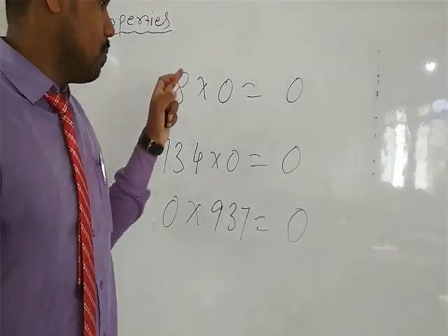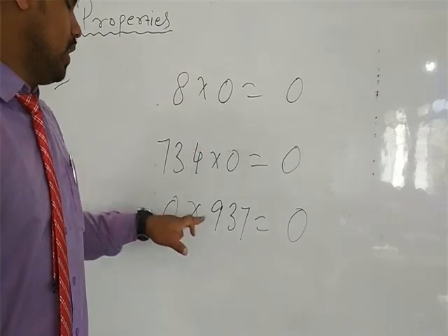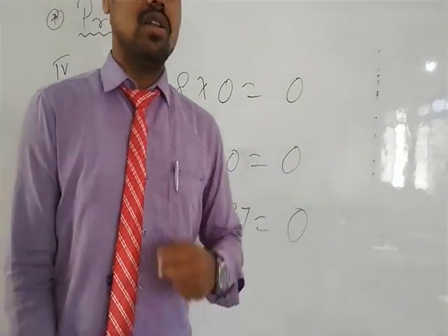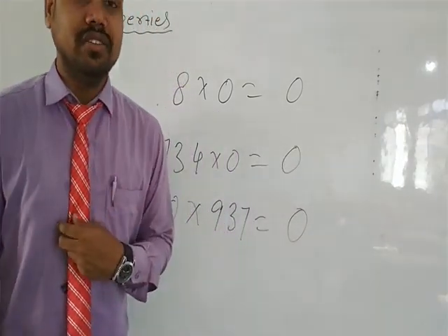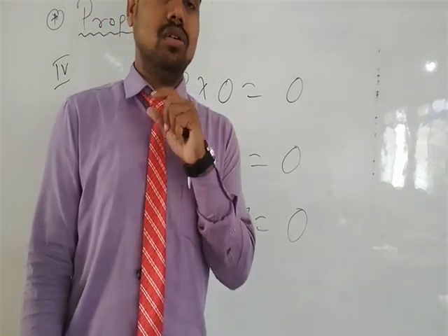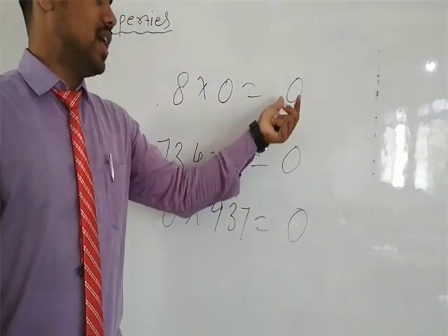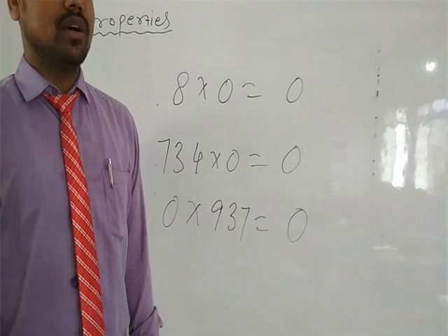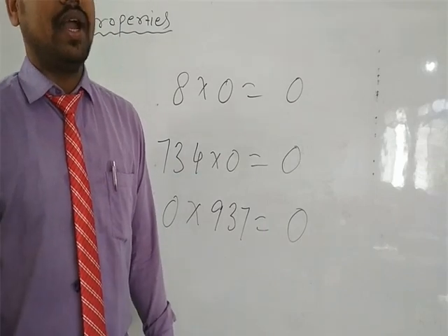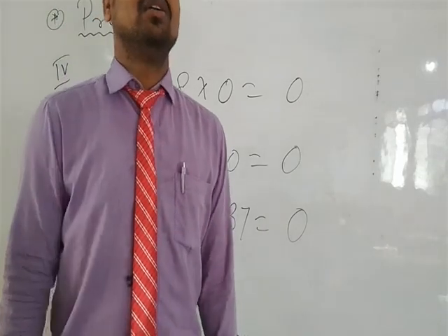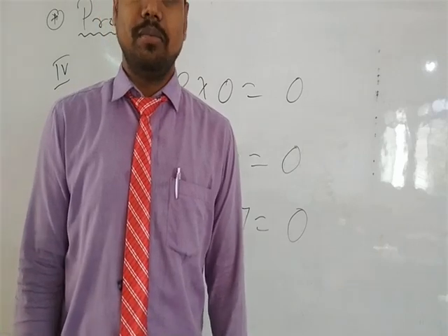So whenever you are multiplying 0 with any number or any number with 0, the result will always be 0. You need not check and multiply, just directly write 0 in case of multiplication with 0, and if you are multiplying with 1, then you write the number itself, you need not check and multiply.